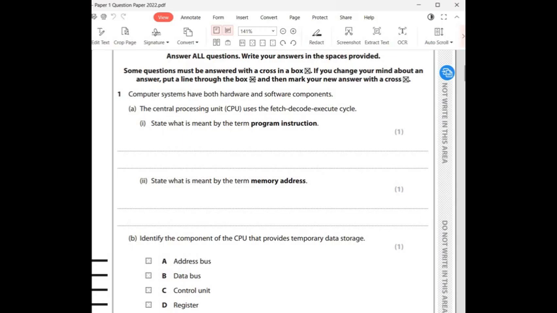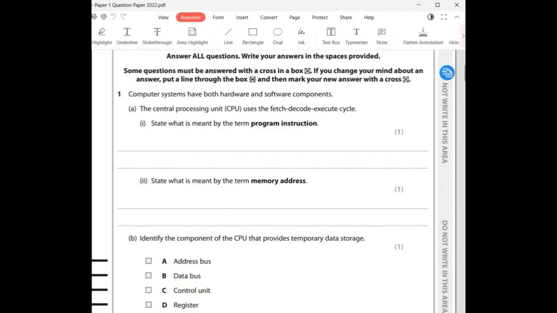The answer you could have would be an action that is carried out by the CPU. That's literally 1 mark. Or you could say something that tells the CPU what to do. Or you could say an operation that will be executed by the CPU. Any of those will get you 1 mark.